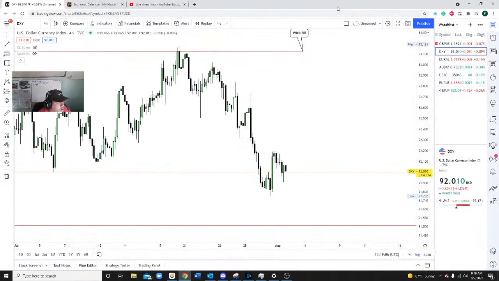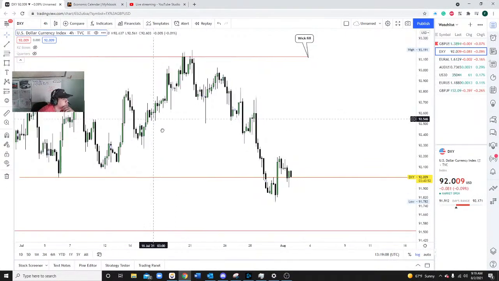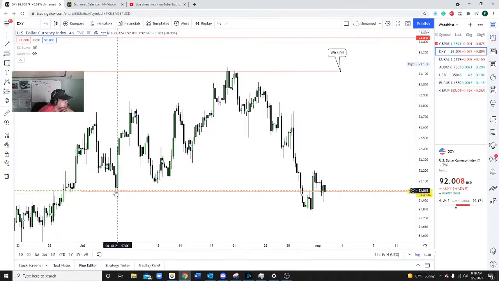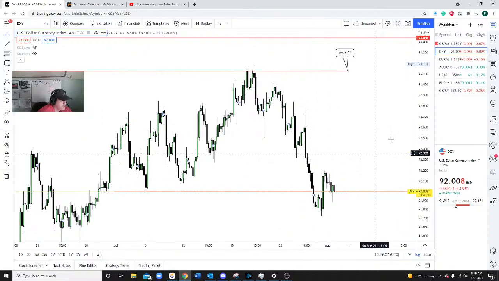So the interesting thing about dollar is we've got to this low, right? This is a low I wanted to see potentially become support. We broke below, and now we came back above for a retest.